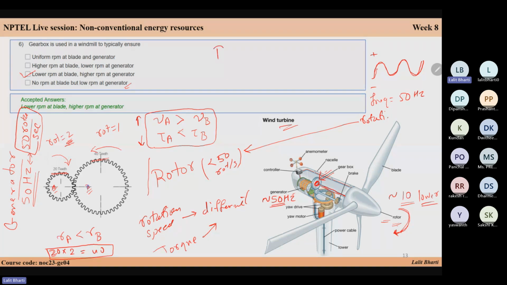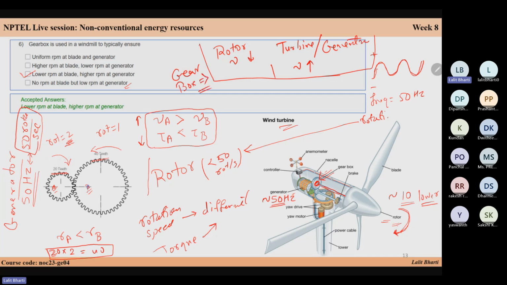So your rotor should be lower, but your turbine or your generator should be higher. So this condition is maintained by the gearbox. So that is the use of the gearbox.